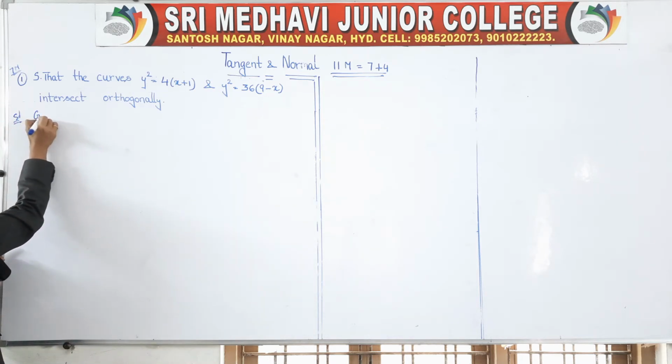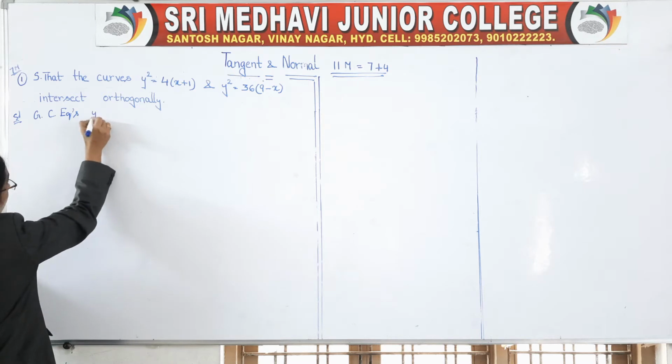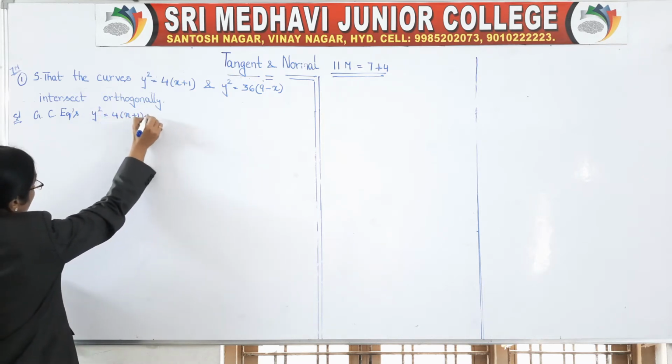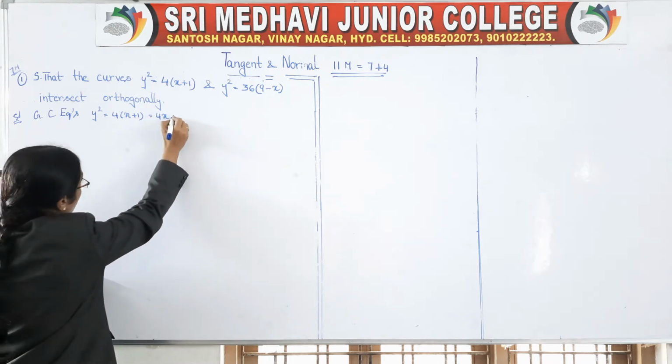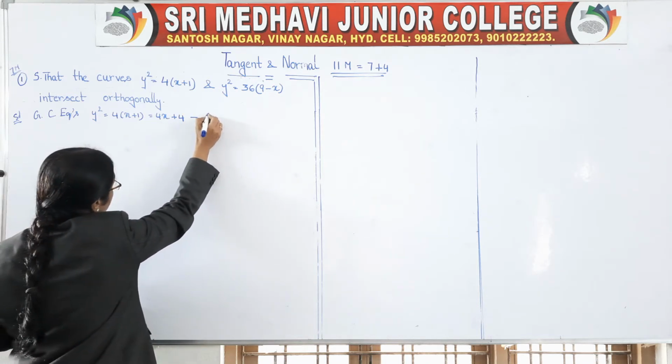Given curve equations are. What are the given curve equations? The first one, y square is equal to 4 into x plus 1. We can open the brackets: 4x plus 4. This is your first curve.